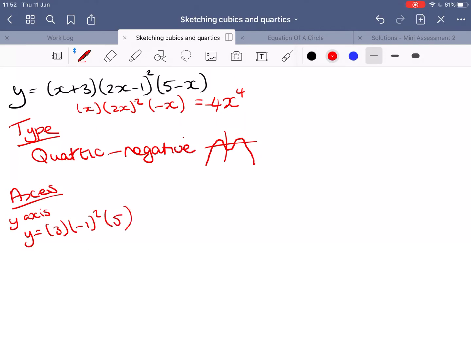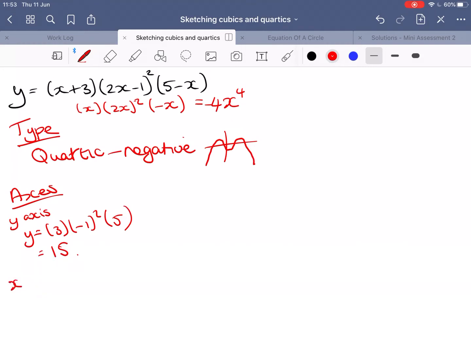Because if x is 0, I've got 3 in that bracket, minus 1 squared in that middle bracket, and I'm just going to have 5 in the final bracket. So what does that give me? Minus 1 squared is positive 1. So I've got 3 times 5 is 15.